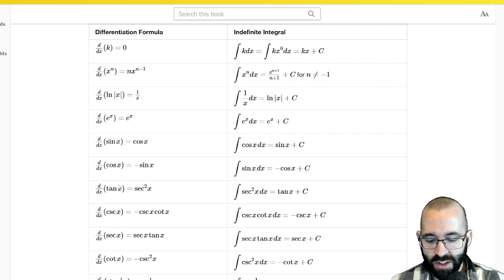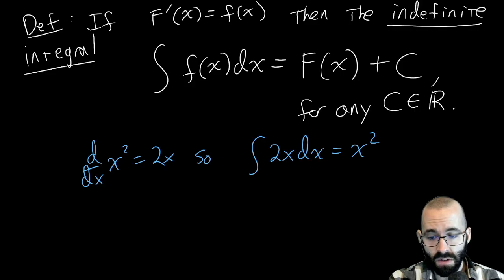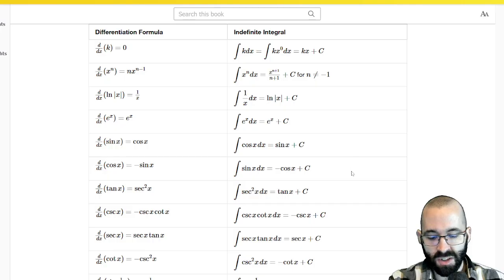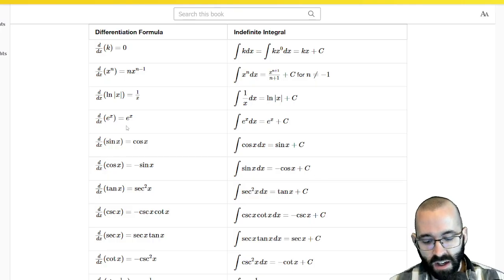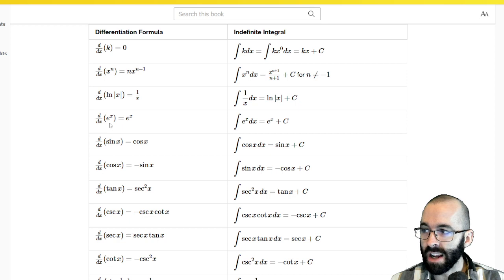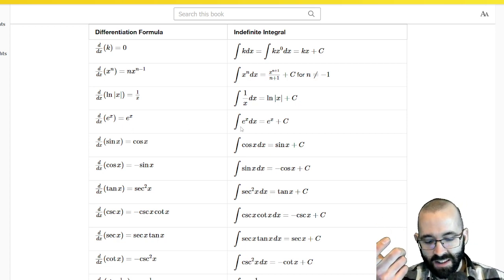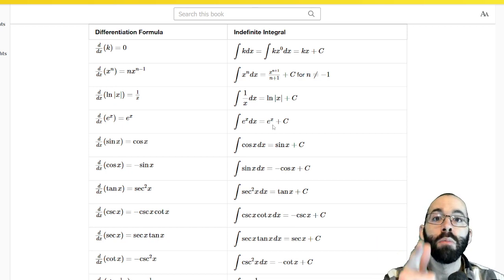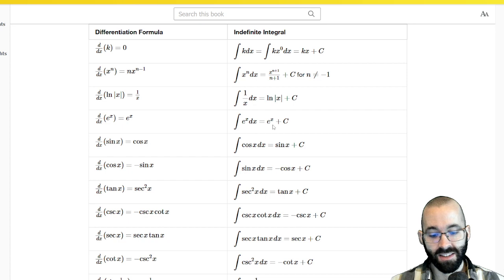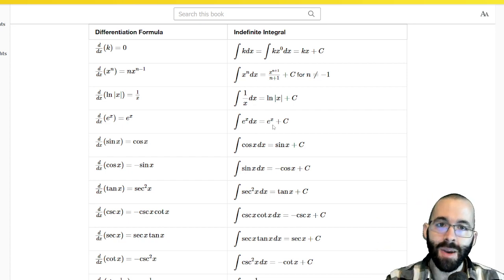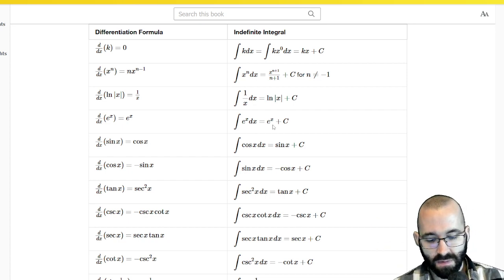We have all the differentiation formulas on the left, and just like I wrote down in blue, every differentiation formula is also an integration formula. So if the derivative of an exponential function is itself, the backwards of that is that the antiderivative of an exponential function is itself plus any constant. Because remember, there's infinitely many antiderivatives here.